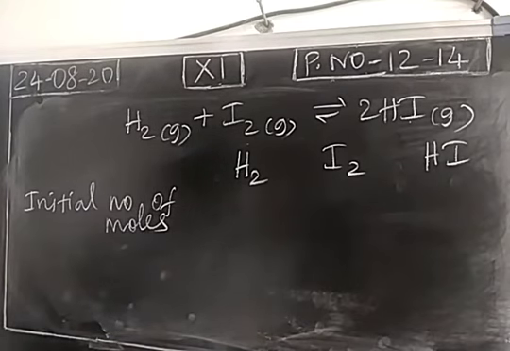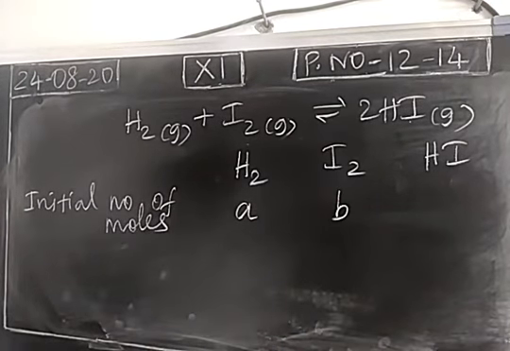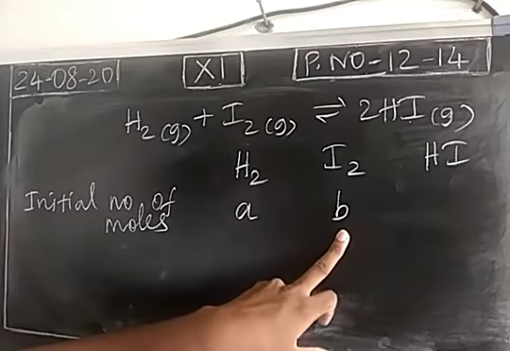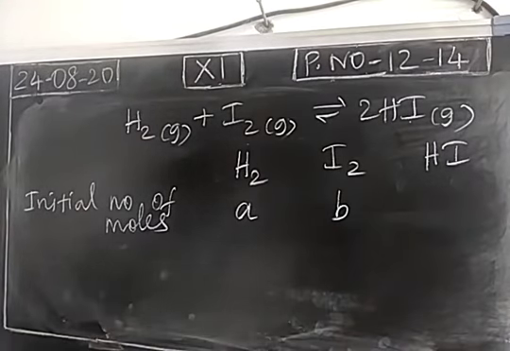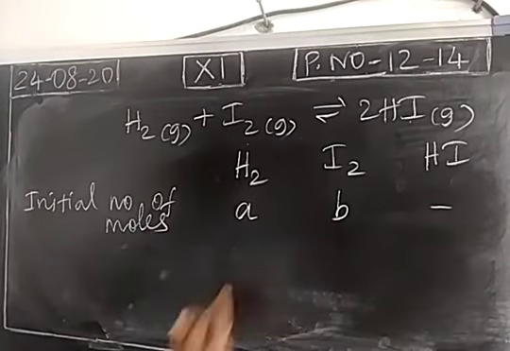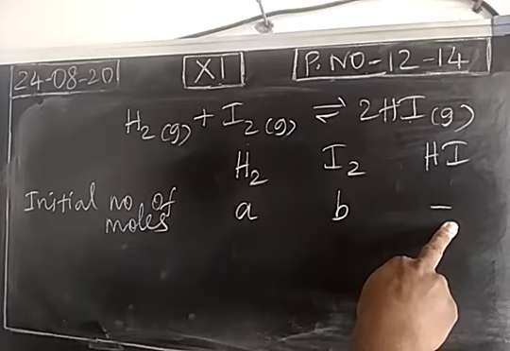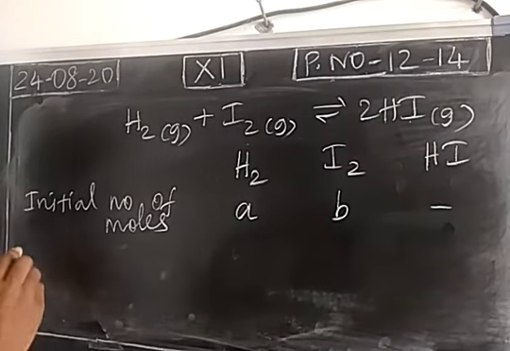So initially we assume A moles of hydrogen and B moles of iodine. We assume that. This is a theoretical concept. Initial number of moles of hydrogen A mole per liter. Initial number of moles of iodine B mole per liter. So before the reaction starts, we have A moles of hydrogen and B moles of iodine. The reaction has not started, so hydrogen iodide will not be formed.